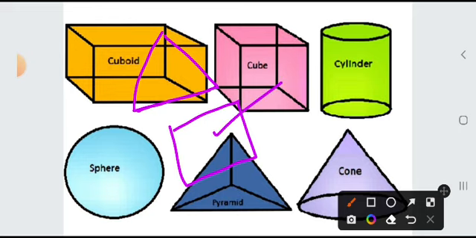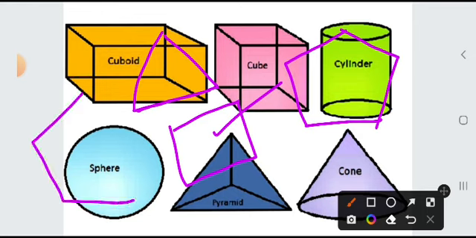In quadrilaterals, there are parallelogram, square, rectangle, rhombus. These all are quadrilaterals. Then pentagon is also a kind of polygon which has only 5 sides. Hexagon is also a kind of polygon, and it has 6 sides. So triangle, quadrilaterals, pentagon, hexagon, heptagon, these all are polygons.